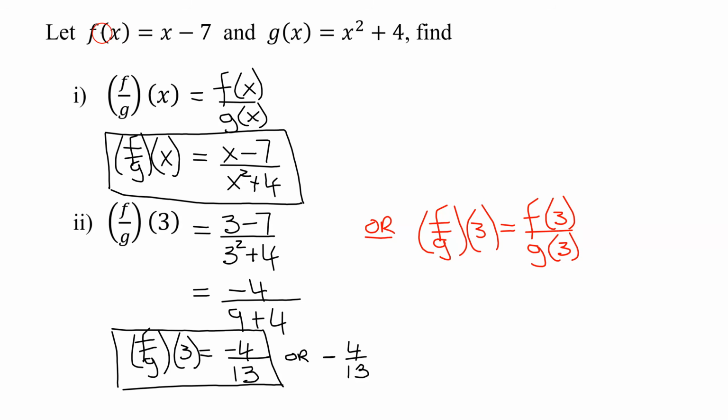So I would have figured out f of 3 by plugging a 3 in here and simplifying. I would have figured out g of 3 by plugging a 3 into g and simplifying, and then I would have just divided my answers. Notice whichever way I do it, I will still get this answer.